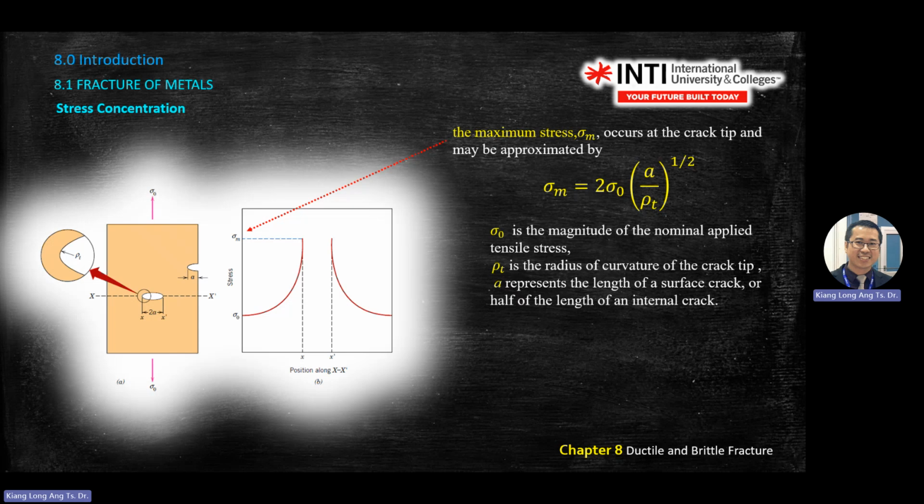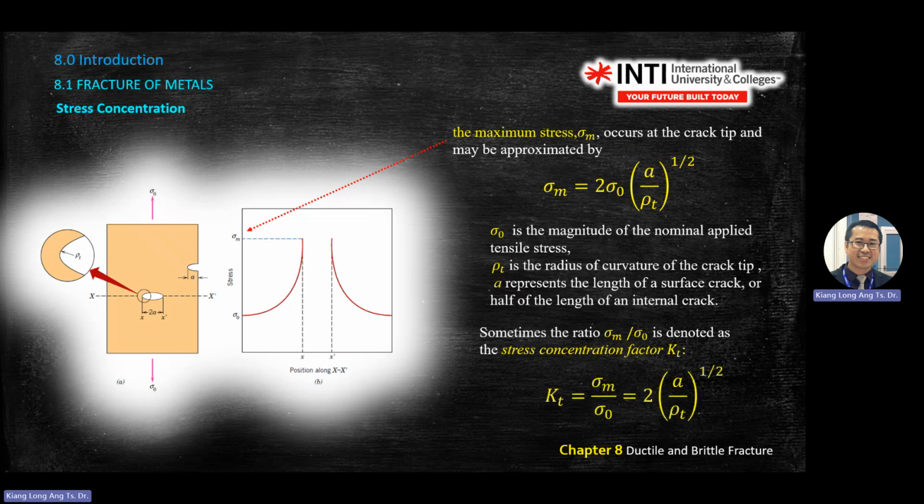If it mentions an internal crack, you need to use the A here for the internal crack. Or sometimes the ratio will be given. The stress concentration factor means the maximum stress at the crack divided by the nominal stress. We give it as KT.